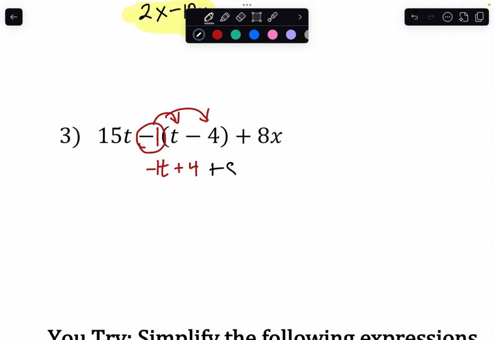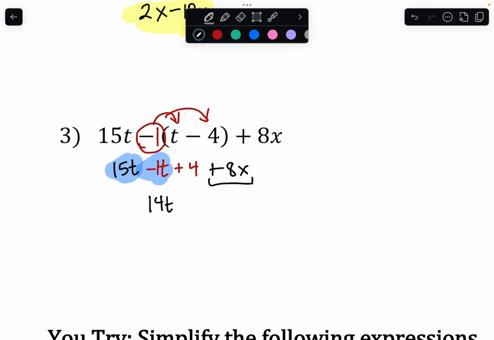And then we're going to bring down the 8x, and we're going to bring down the 15t. And so our only like terms here are 15t minus 1t, which would give us 14t. We would write the 8x in front. Wait. QRS, TUVW.